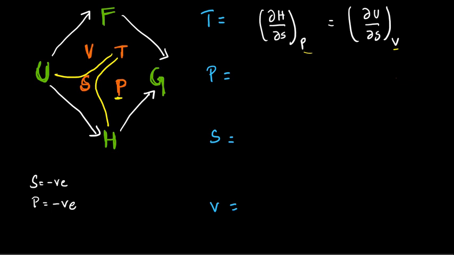And when it goes to U, the common term remaining is V, so the constant will be V.